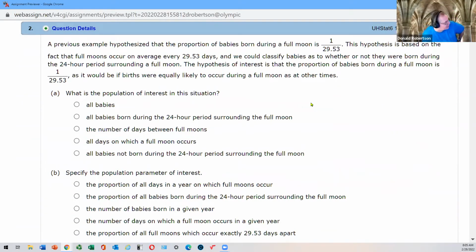Here's the next one. A previous example hypothesized that the proportion of babies born during a full moon is 1/29.53. You're probably wondering what that 29.53 is. It's how many full moons there are in a year, roughly, because we're not exactly 52 weeks and so on.